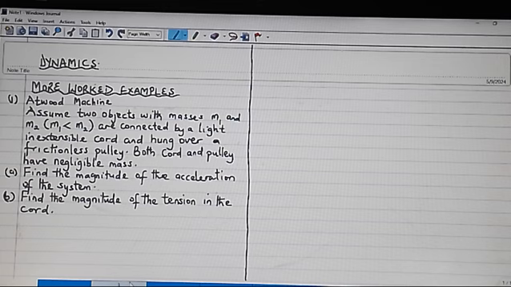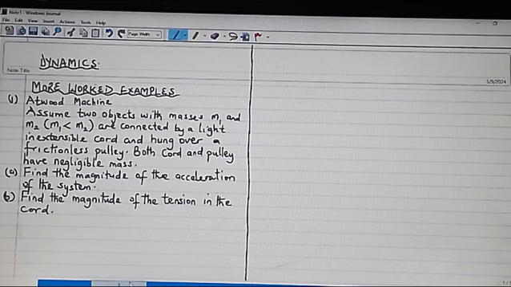We're starting with an Atwood machine. Let's assume that we have two objects. Those two objects have masses m1 and m2. Of course, we are given the condition that m1 is less than m2, and that they are connected by a light inextensible cord and hung over a frictionless pulley.